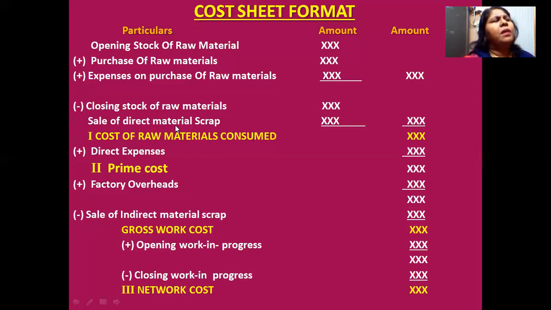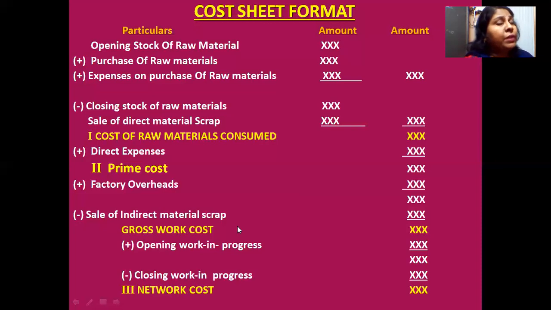Sometimes in the problem you may have only sale of scrap. When the sale of scrap is given, you have two options. You may consider the scrap as direct material scrap or indirect material scrap. In case you assume the scrap as indirect material, look at the slide, the arrow mark: after adding the factory overheads, I will deduct the sale of indirect material scrap.